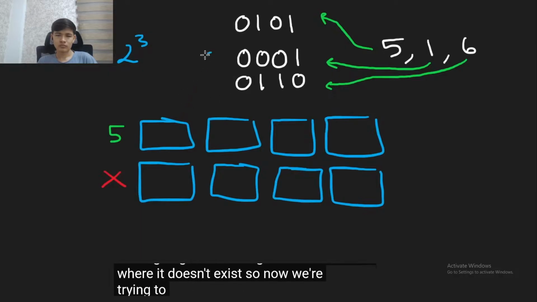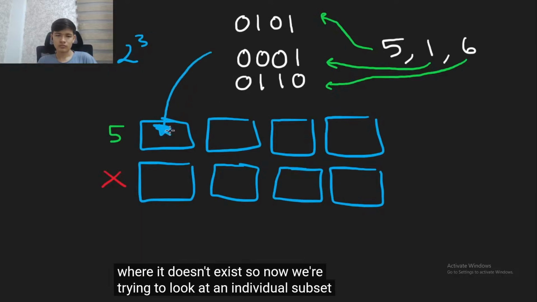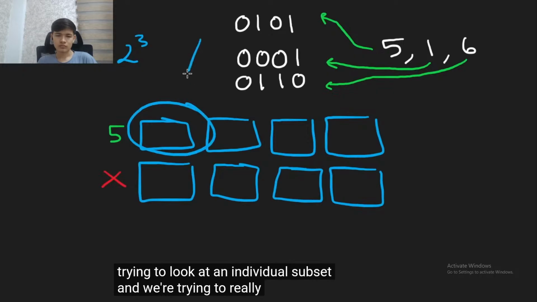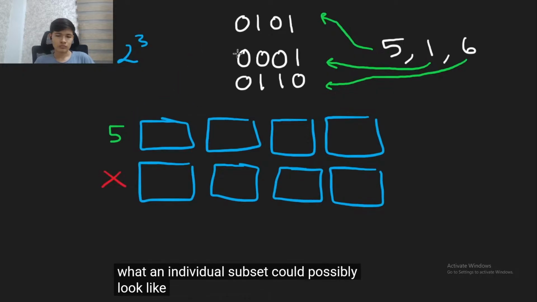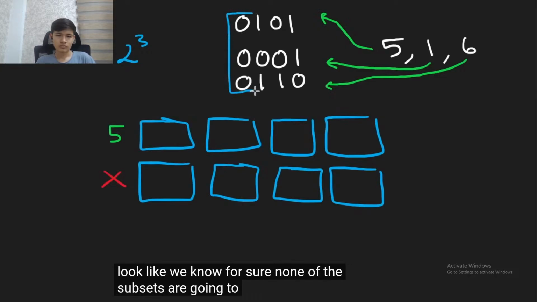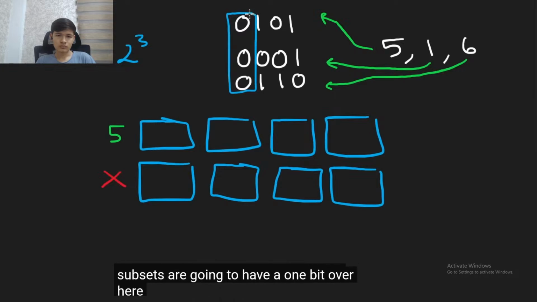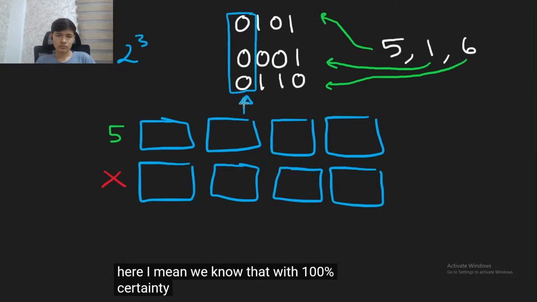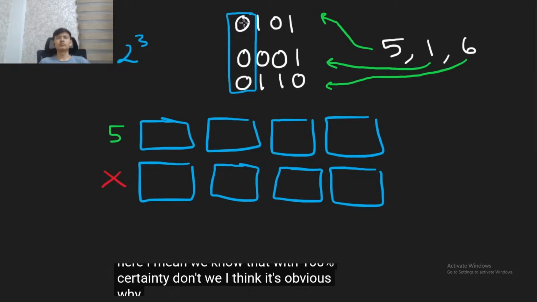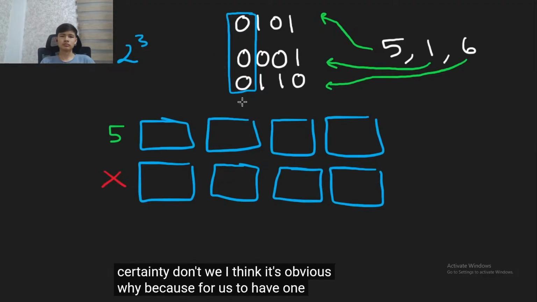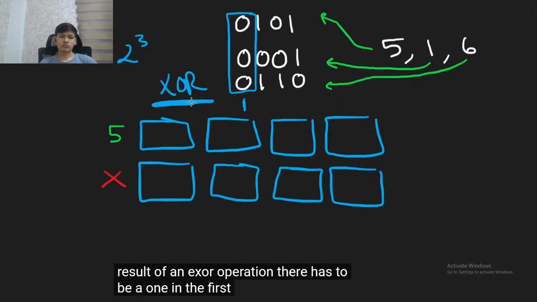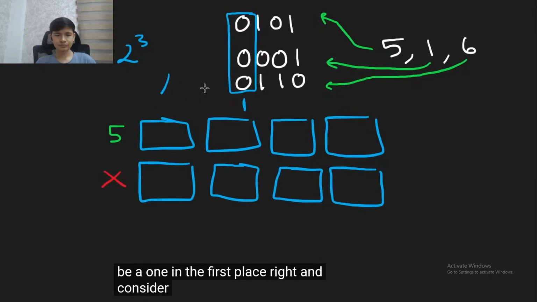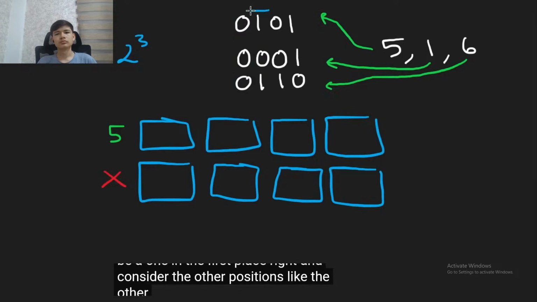So now we're trying to look at an individual subset, and we're trying to really understand what an individual subset could possibly look like. We know for sure none of the subsets are going to have a 1-bit over here. I mean, we know that with 100% certainty, don't we? I think it's obvious why, because for us to have 1 as the result of an XOR operation, there has to be a 1 in the first place, right? And consider the other positions, the other columns here.